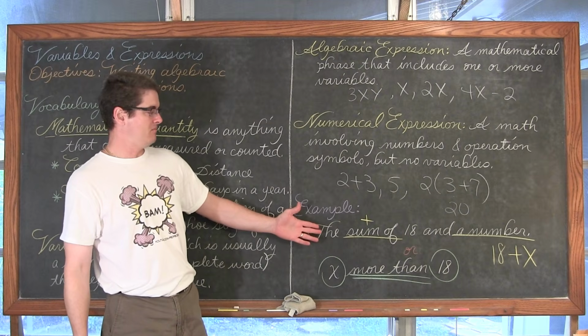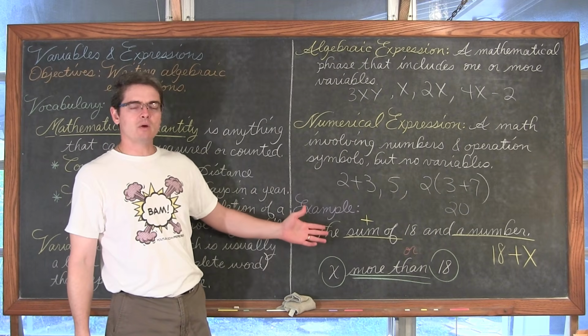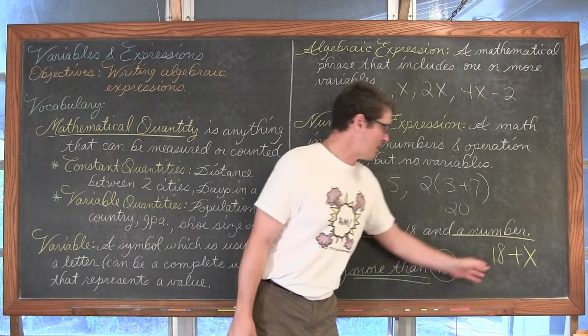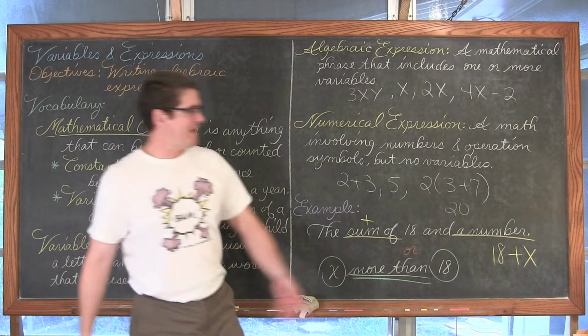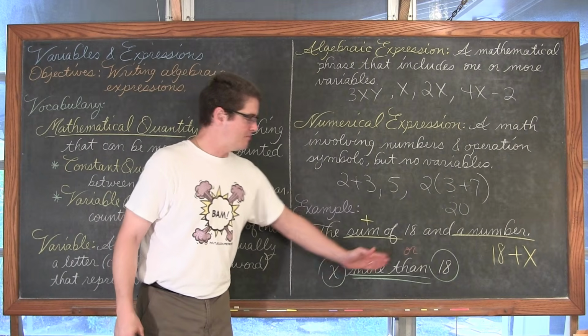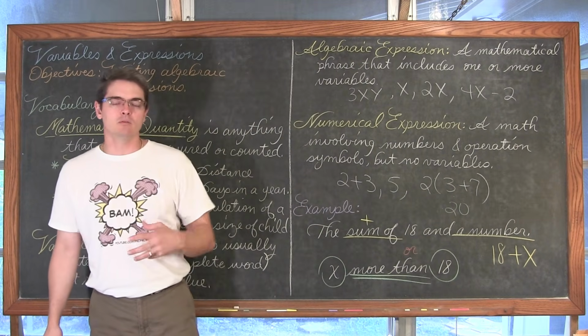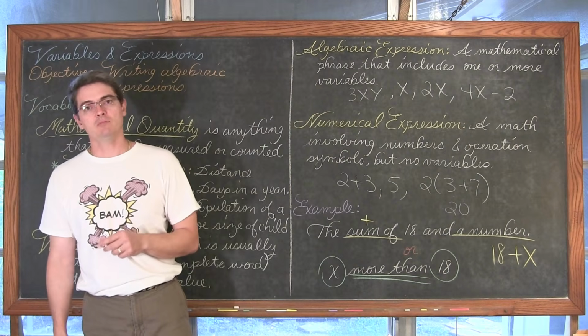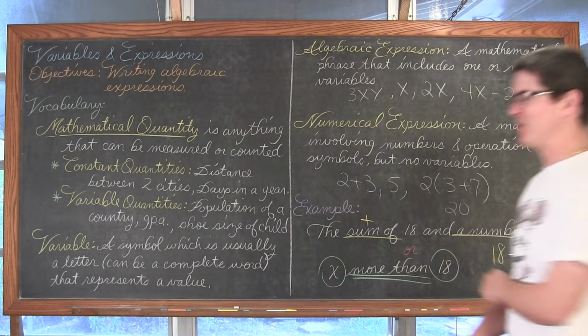Of course I could just say, write 18 plus x as an algebraic expression, but that's too simple. You need to realize that the words sum of and more than come up a lot in plain language and in algebra, so we have to understand that those do mean addition. Next screen.